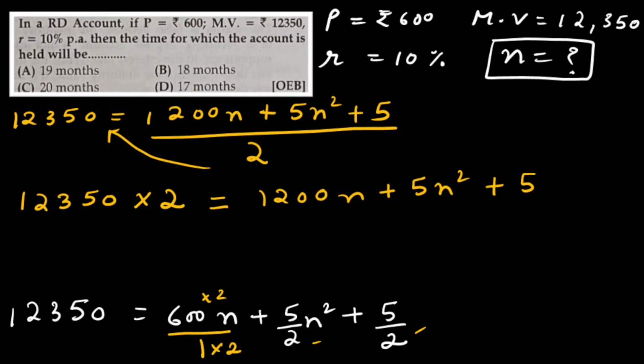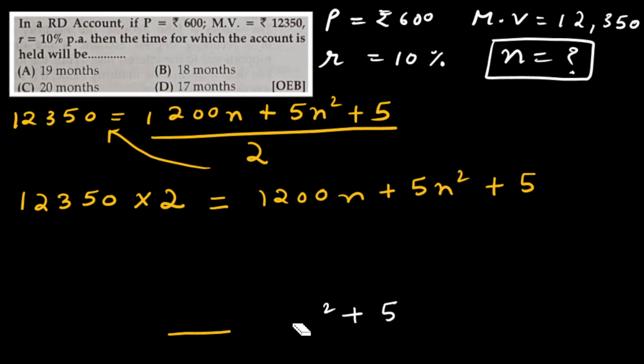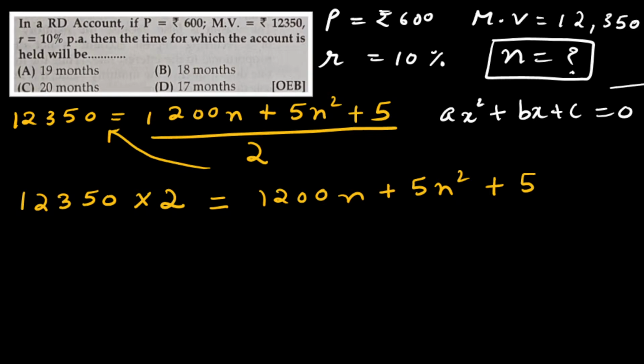Okay, so Yatin has shared the equation. Let's see. First of all, the standard form of quadratic equation is this: ax square plus bx plus c is equal to 0. I am not going to explain here how to solve a quadratic equation.